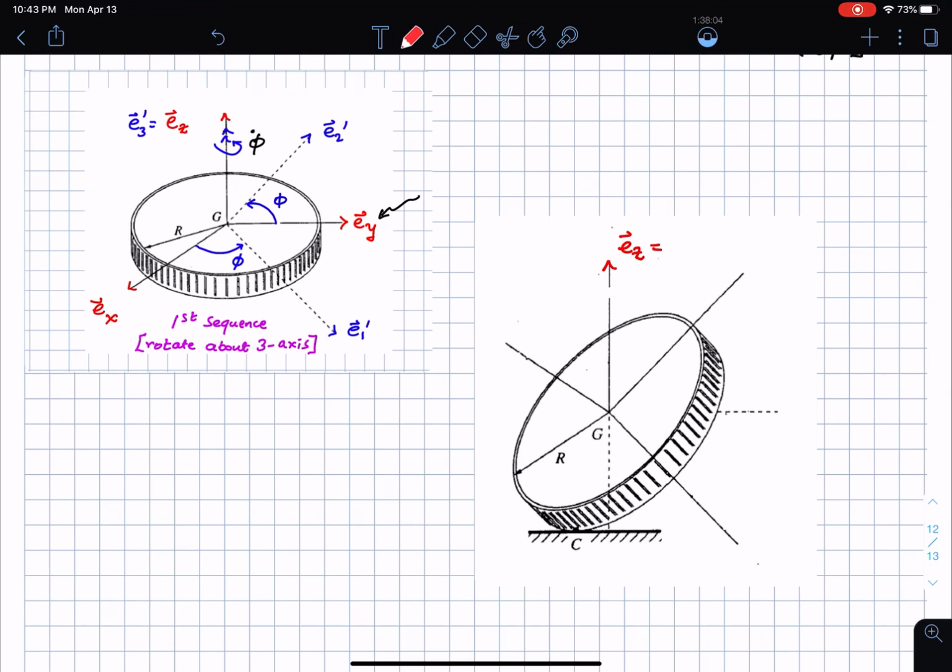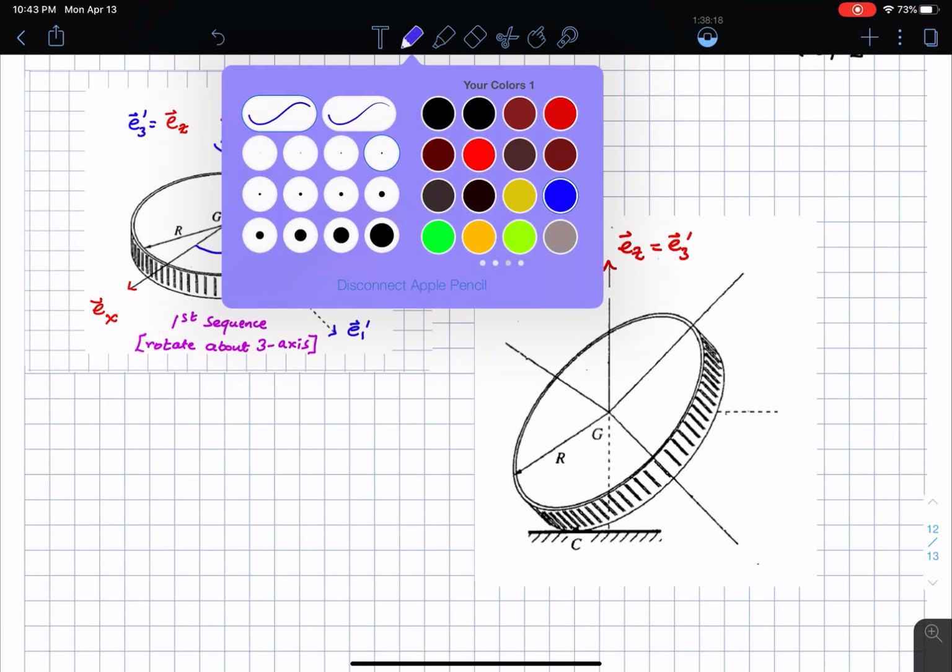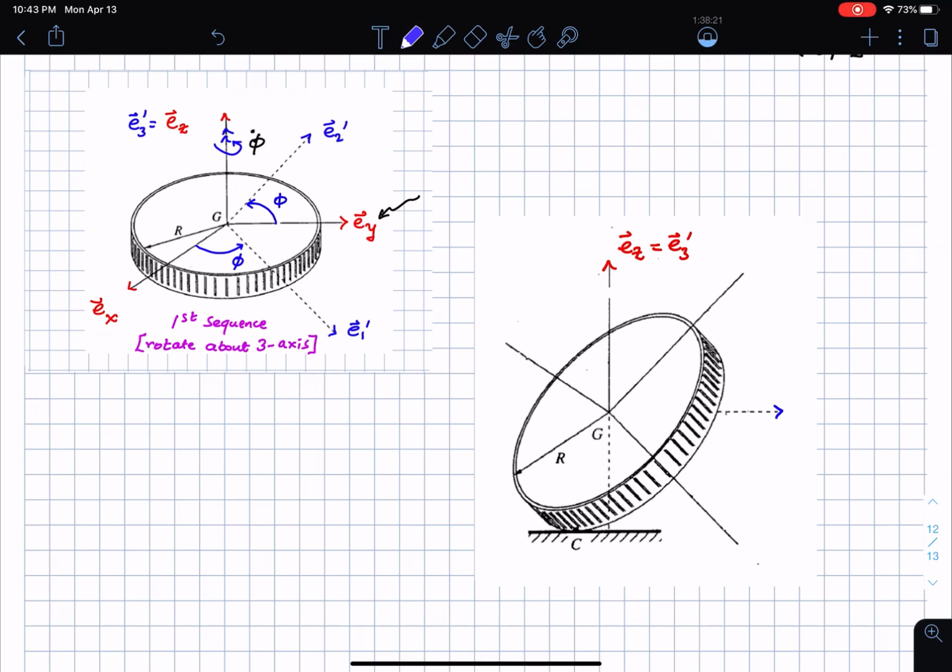This was E3 prime. Likewise, this was E3 prime, and this was E2 prime, and this guy here was E1 prime, and the rotation is performed about this axis by an amount theta dot, such that these will travel by an angle theta.